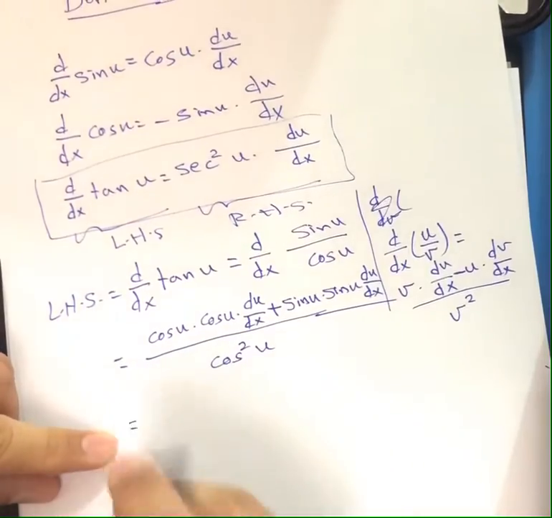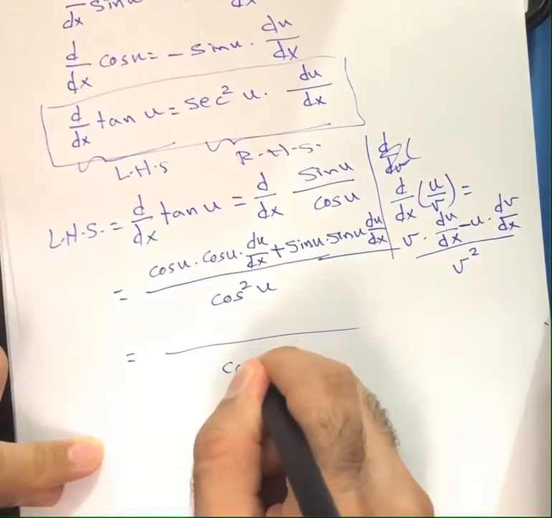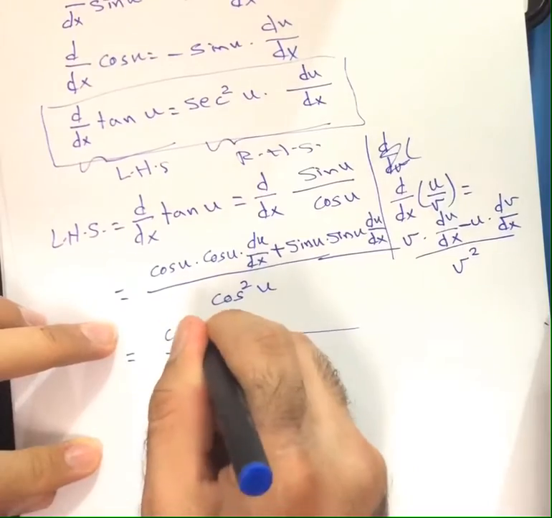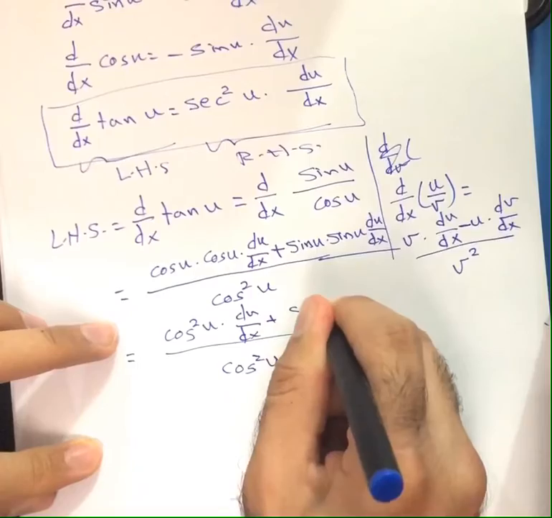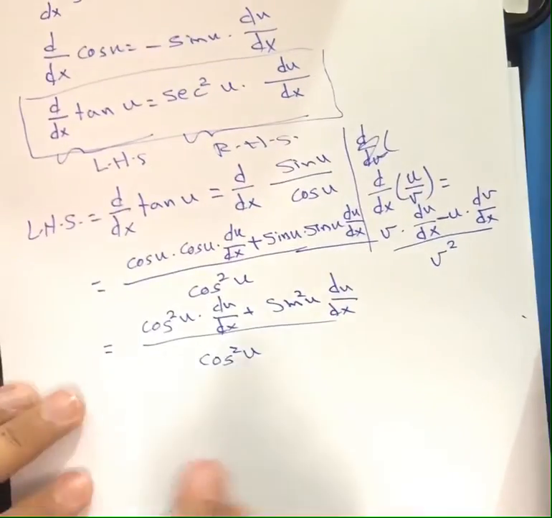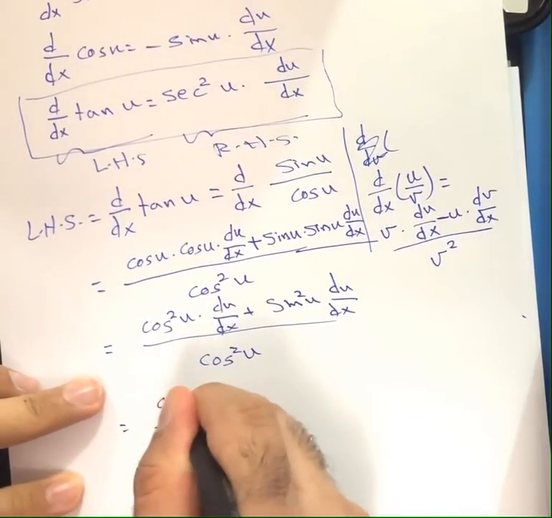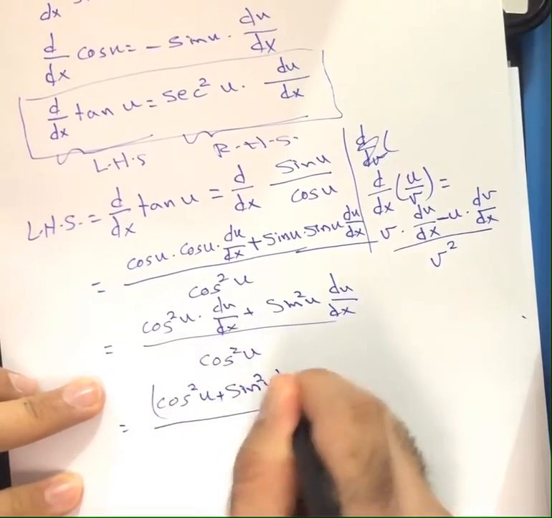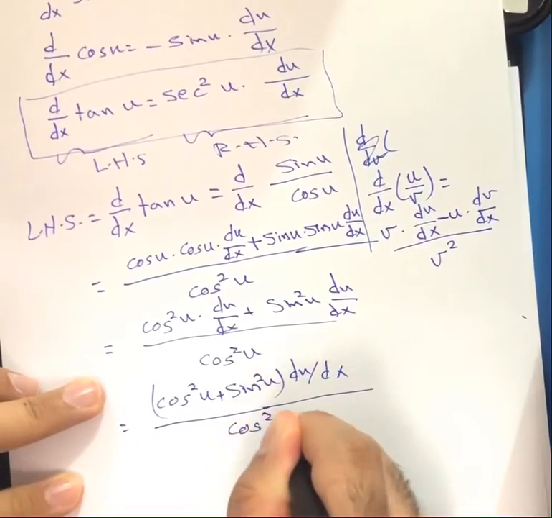After that, I will do the following simplification: cosine u multiplied by cosine u will be cosine square u du by dx plus sine square u du by dx. Now I can take du by dx as a common factor, so this will be cosine square u plus sine square u, times du by dx, divided by cosine square u.